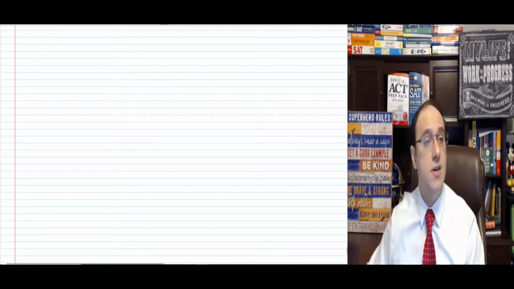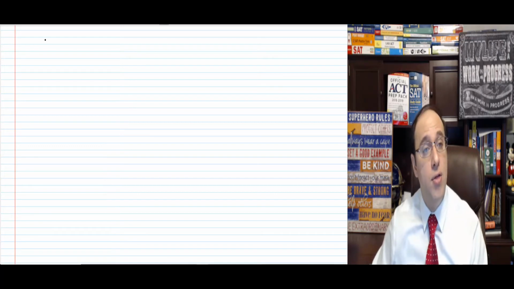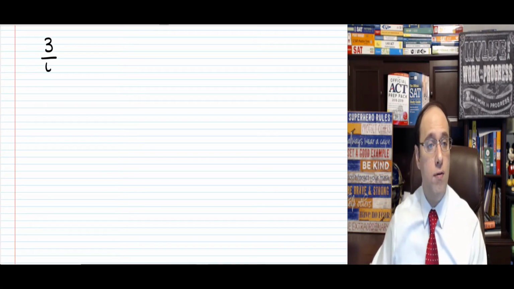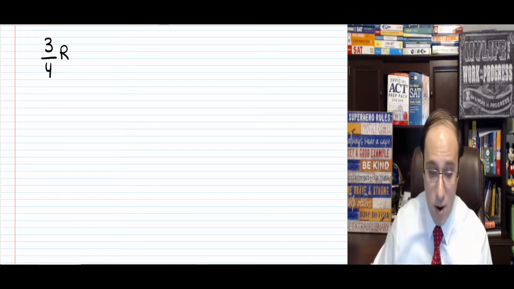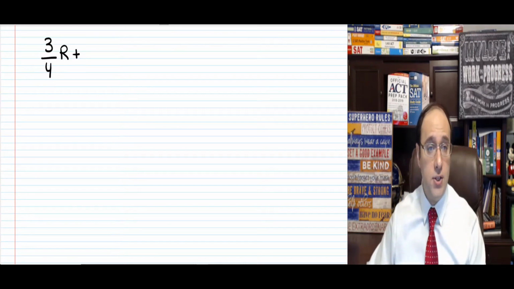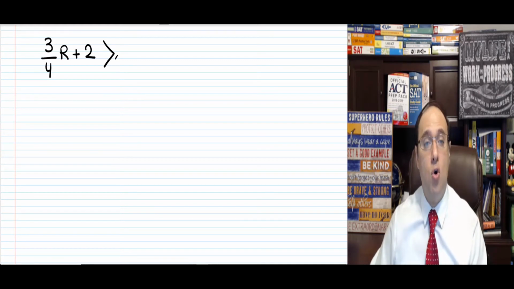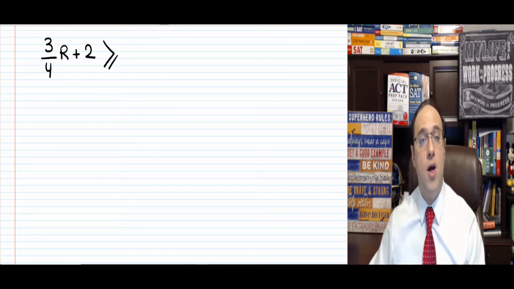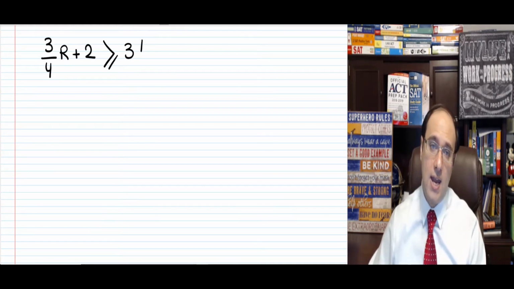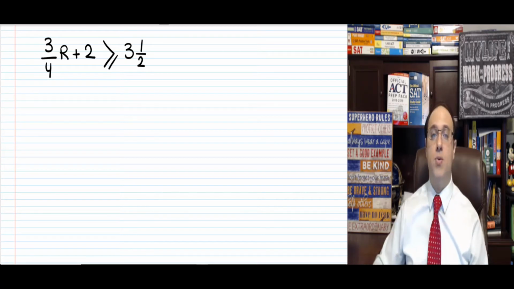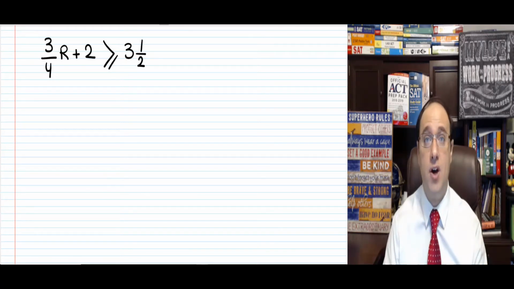What if I have something like this? 3 over 4 r plus 2 is greater than or equal to 3 and 1 over 2, 3.5. Now, looks a little bit complicated.